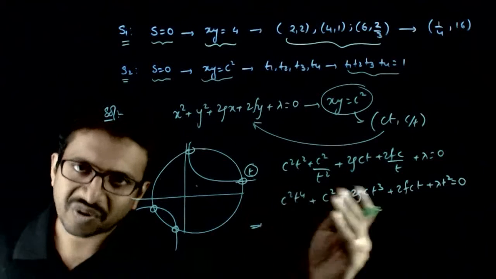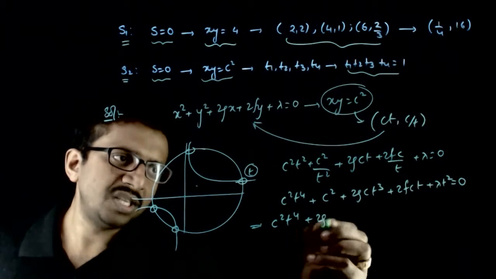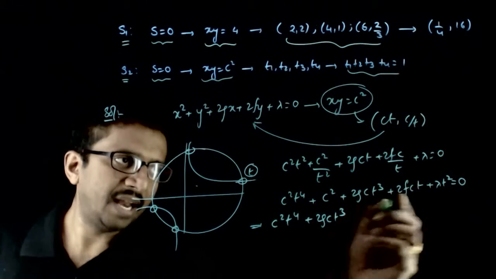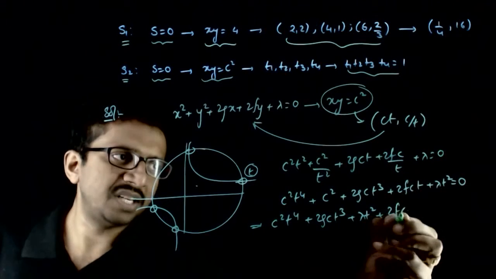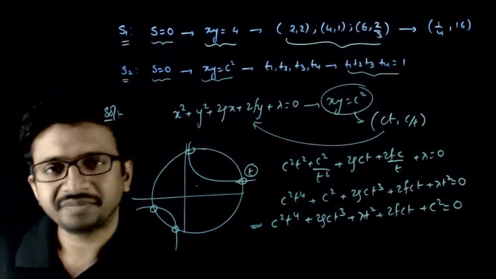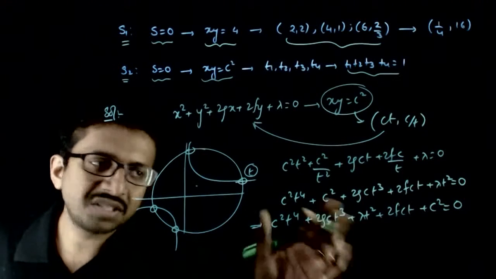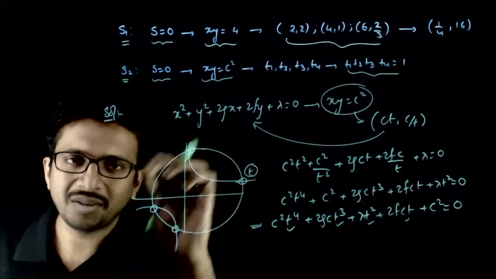That means, written effectively, c square t power 4 plus 2gct cube plus lambda t square plus 2fct plus c square is equal to 0. So this is the condition which t has to satisfy so that the point lies on this circle.